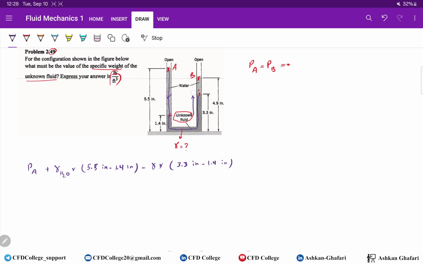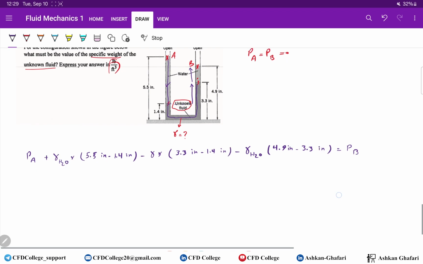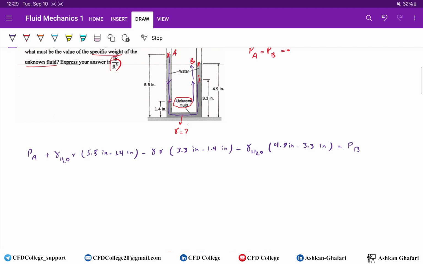Then I should continue the path upward, minus gamma of water times 4.9 inches minus 3.3 inches, and then I reach point B. Since we should find the specific weight in pounds per cubic feet, I should divide all these by 12 to get feet. So don't forget this.